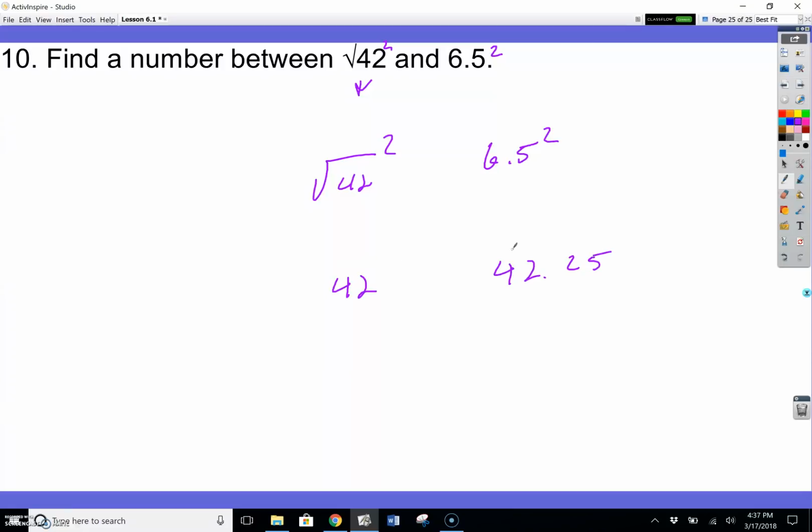So I'm basically looking at numbers that are between these two. So you could write any old number. That could just be the square root of 42.1, the square root of 43. Let's see. Yeah, any of those would work. Okay, square root of 42.2. It just has to be greater than 42 and less than 42.25.